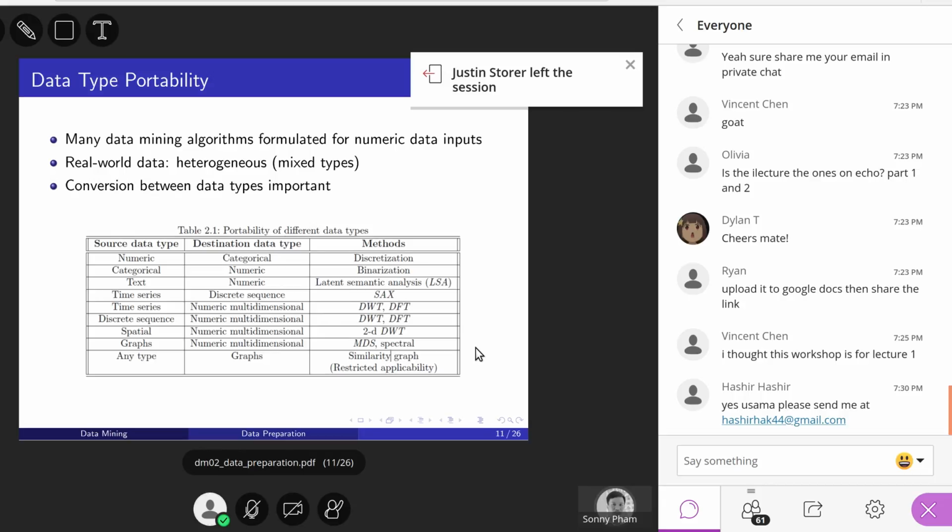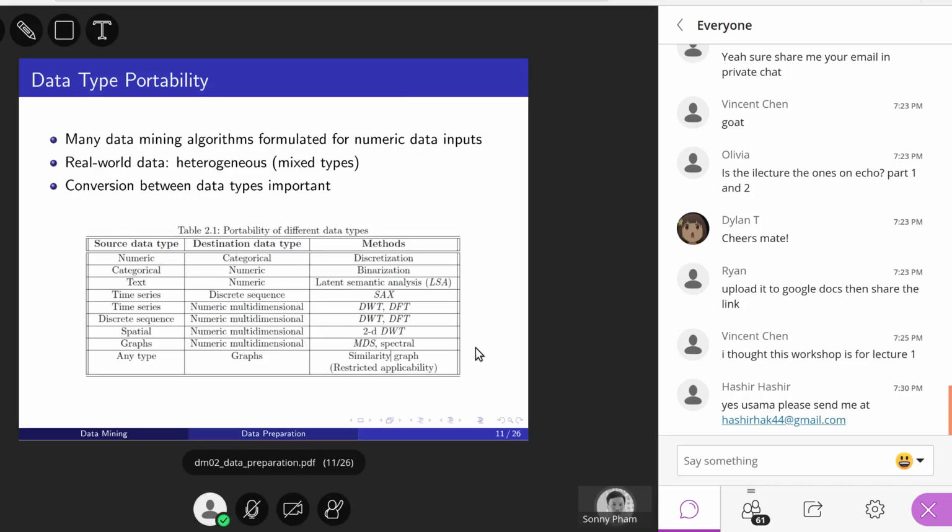Okay, all right. So the topic that is maybe of more focus is data type portability. The bottom line here is that we may encounter different data types in different data mining tasks, or maybe a combination of different data types.